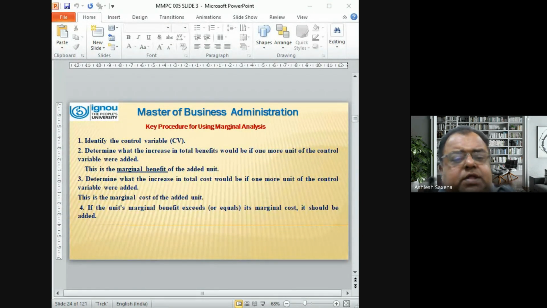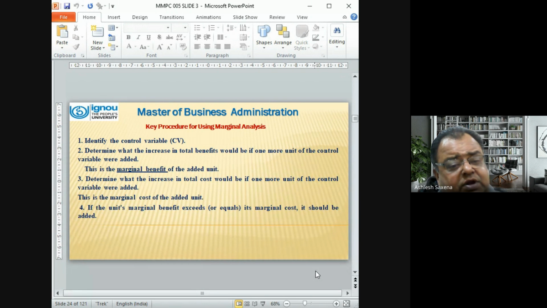Now, what are the key procedures for using marginal analysis? Identify the control variable, denoted by CV. Determine what the increase in total benefits would be if one more unit of the control variable is added. This is the marginal benefit of the added unit.